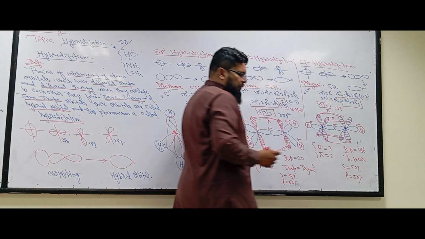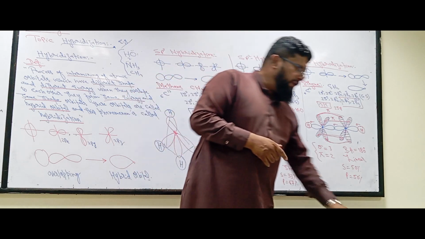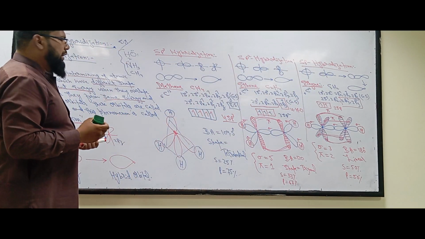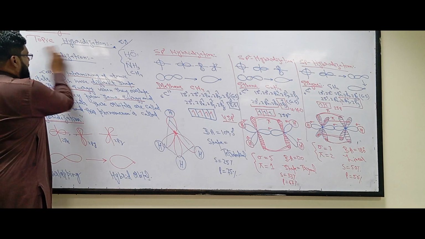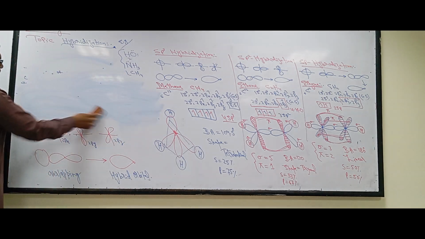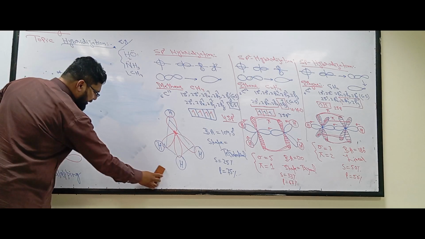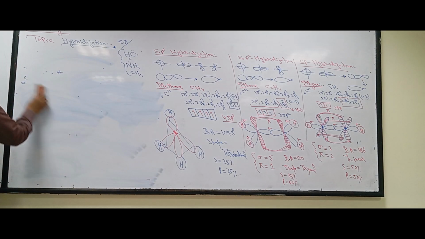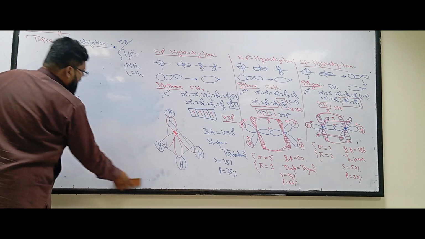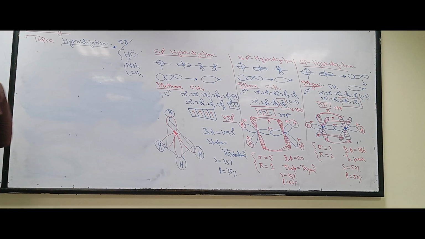Now the question is how we can check which molecule shows which hybridized orbital, which type of hybridization is present in different structures. Now I am telling about that.